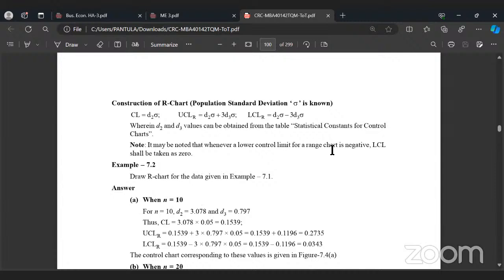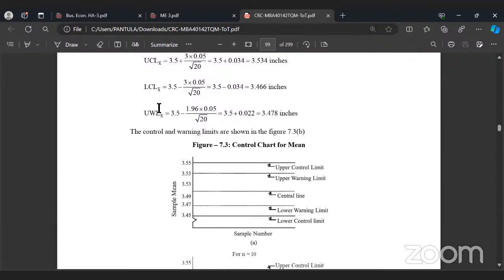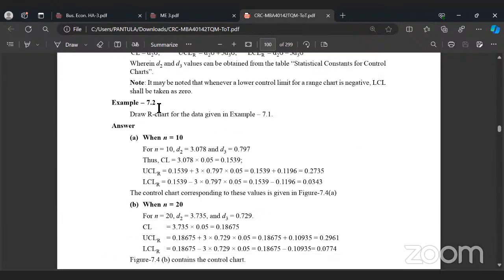Now, construction of the R chart. The R chart uses D2 into the standard deviation, with an upper control limit and a lower control limit for R. Earlier it was X bar, now here R. For example, the same thing: when n is equal to 10, D2 is equal to 3.078 and D3 is equal to 0.93.